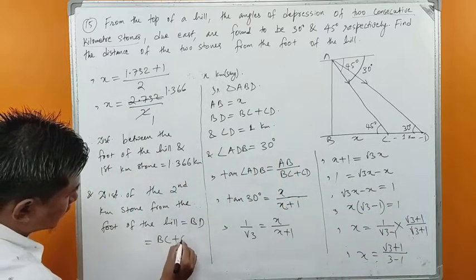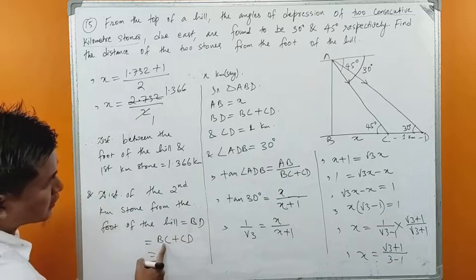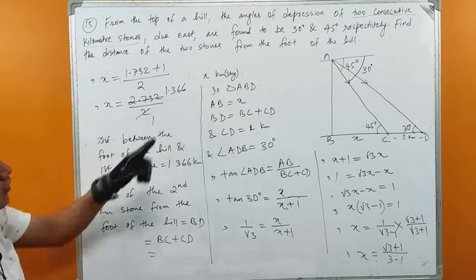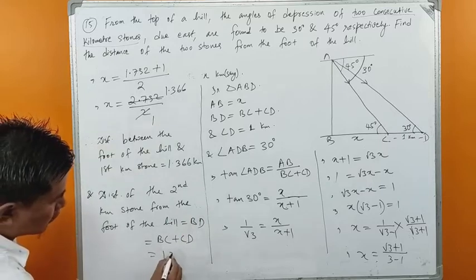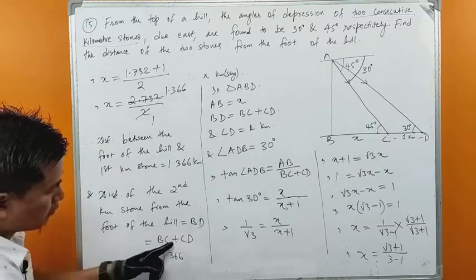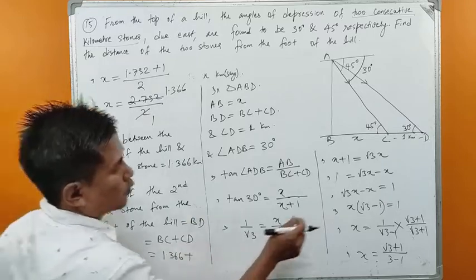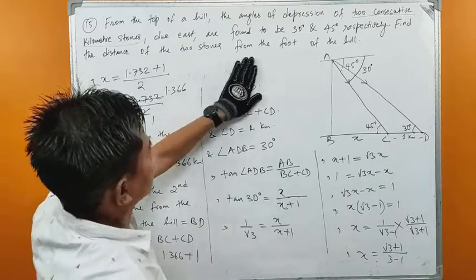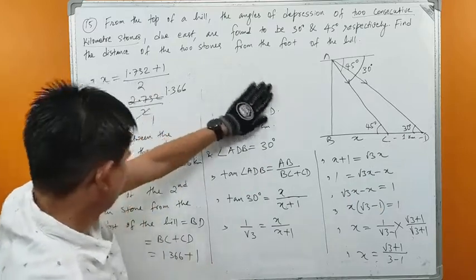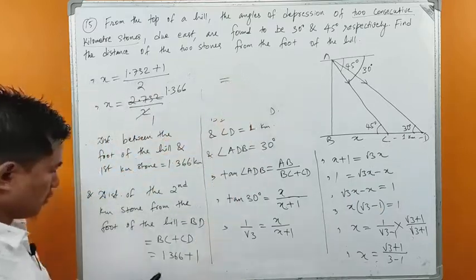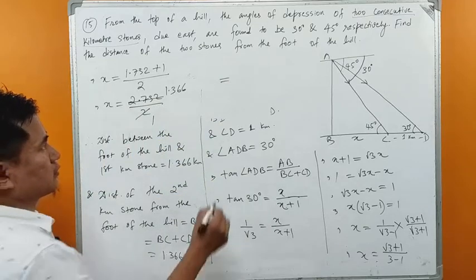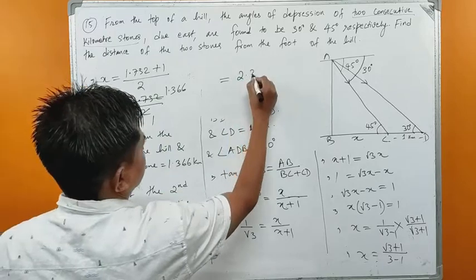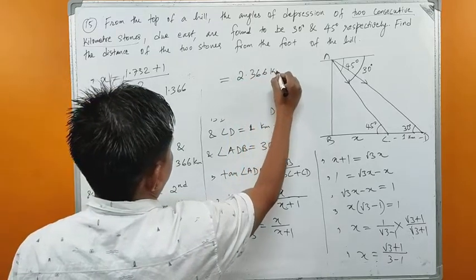BC is x, which is 1.366, plus CD, which is 1 kilometer. So this gives 1.366 plus 1, which is 2.366 kilometers.